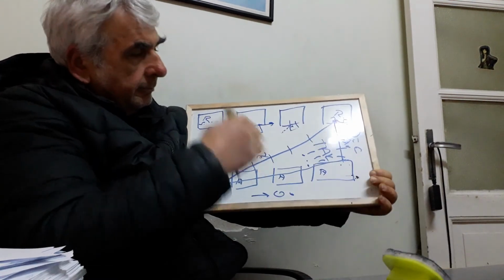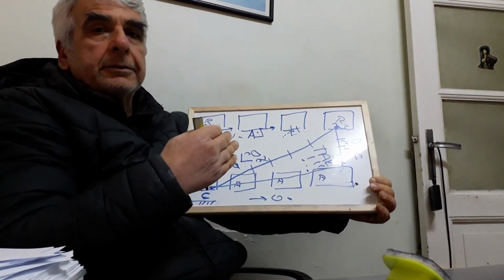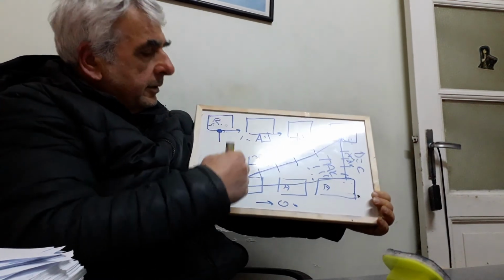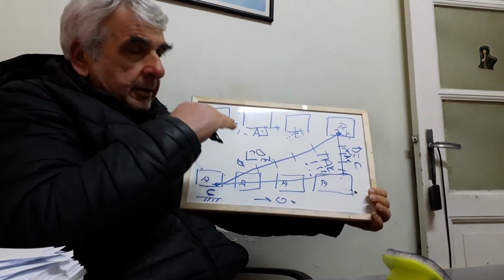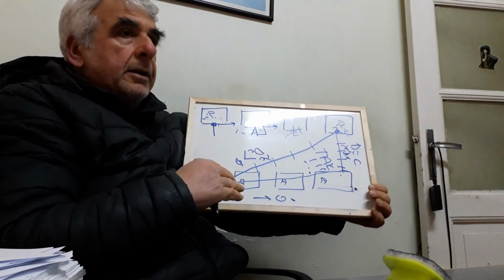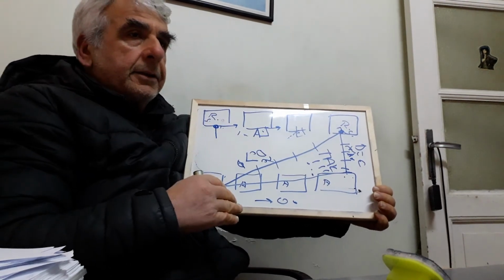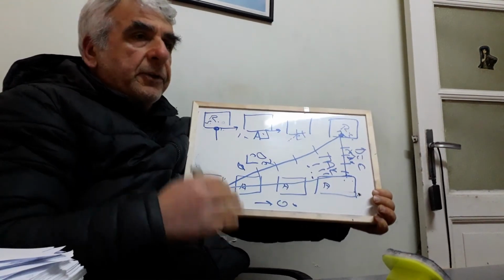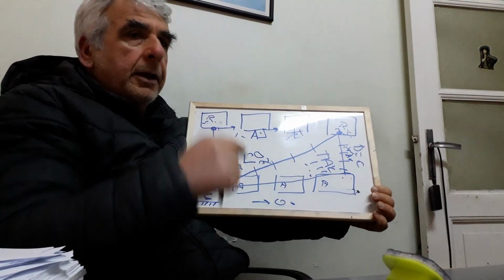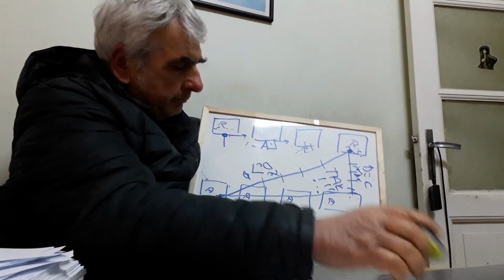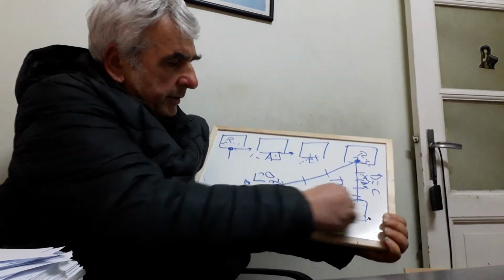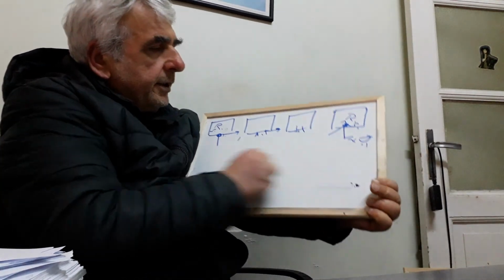So tick and tack are actualized at the same time for A and C. This is simultaneity.